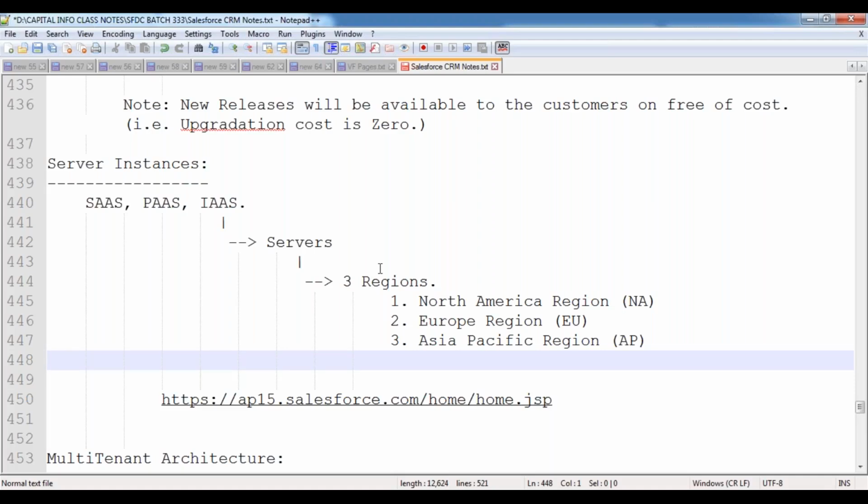We have discussed for how many customers they're allocating the memory space in each and every server, and what the various servers available in each and every region are. Now let's see how we can verify all the servers' information.